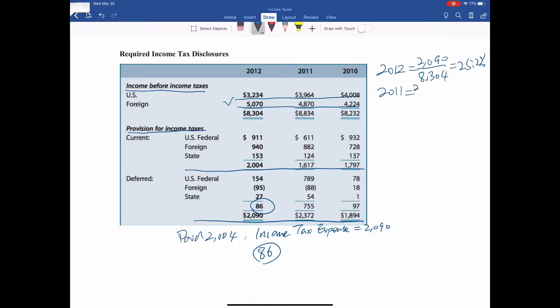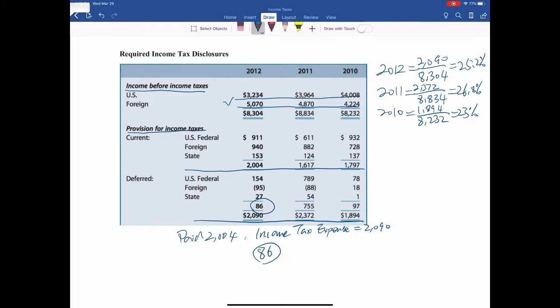In 2011, 2,372 divided by 8,834, so it is 26.8%. 2010 is 1,894 divided by 8,232, so it's 23%. We know that's the overall effective tax rate.